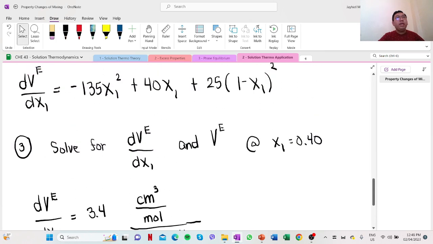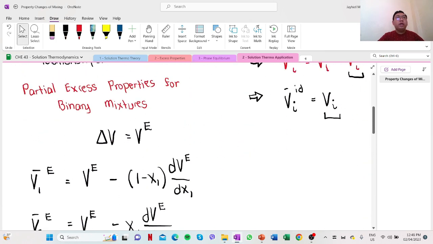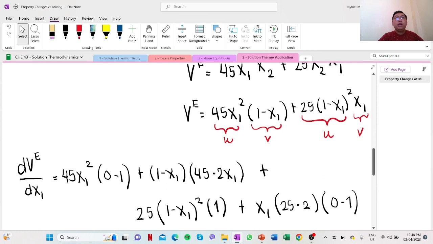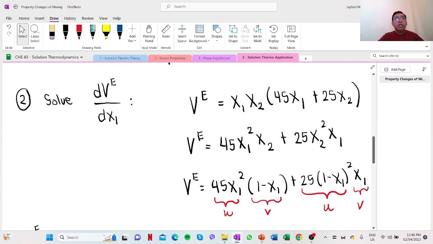Okay, for VE, the equation for VE that we have is this one here. So I think we can just use this one right away to get the value of our VE. I will use my calculator right away to substitute. 0.4 squared times (1 minus 0.4) plus 25 times (1 minus 0.4) squared times 0.4.